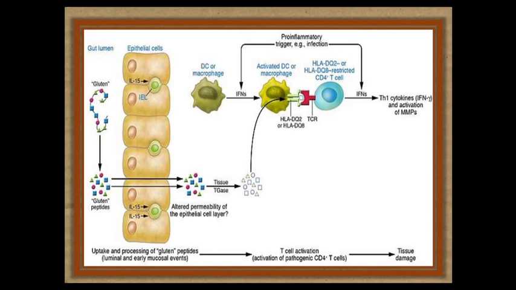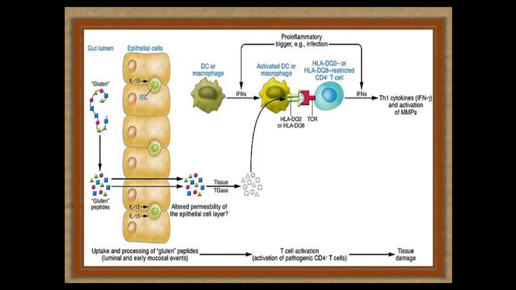So what happens? The pathogenesis of celiac disease is thought to be an abnormal permeability of the intestinal epithelium, allowing the entry of gliadin peptide of the gluten, which is not entirely degraded by the intraluminal and brush border bound peptidases for one reason or another.